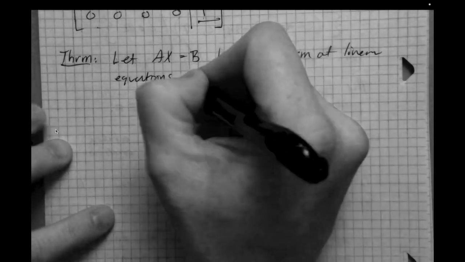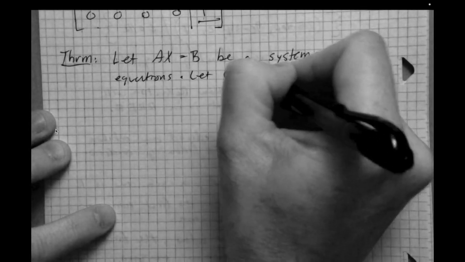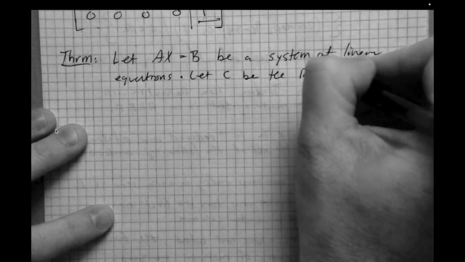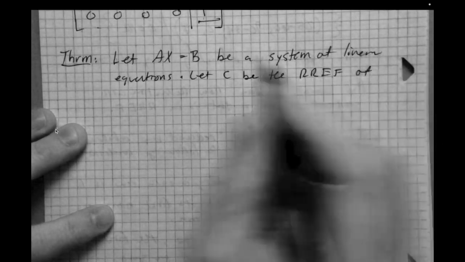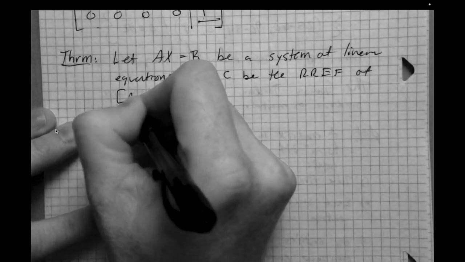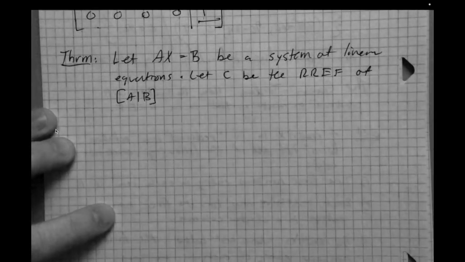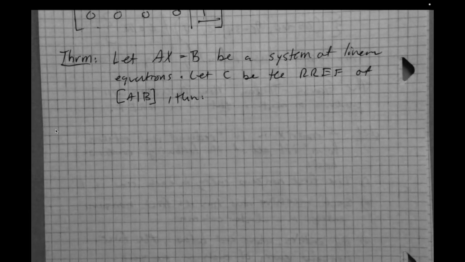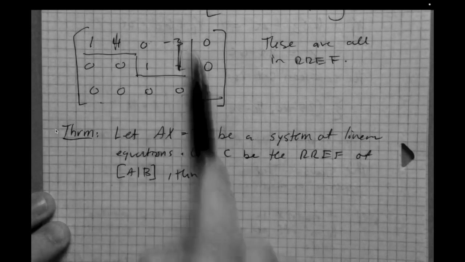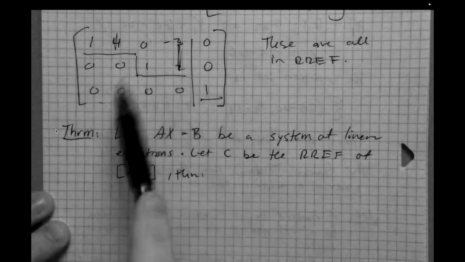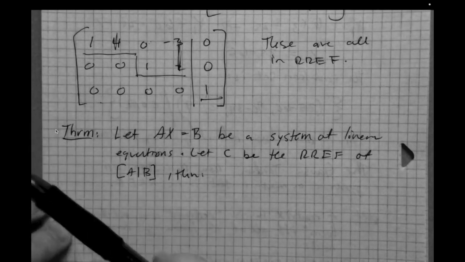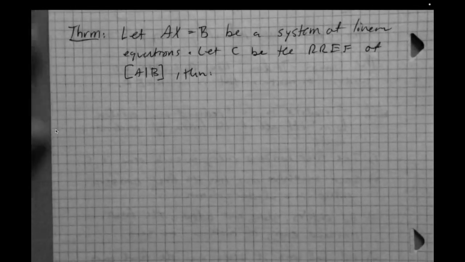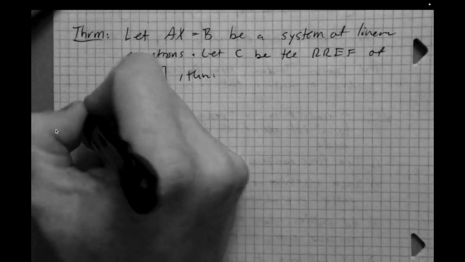Let C be the reduced row echelon form of the augmented matrix AB. So C is basically this entire augmented matrix, but in reduced row echelon form. Three possibilities exist here.